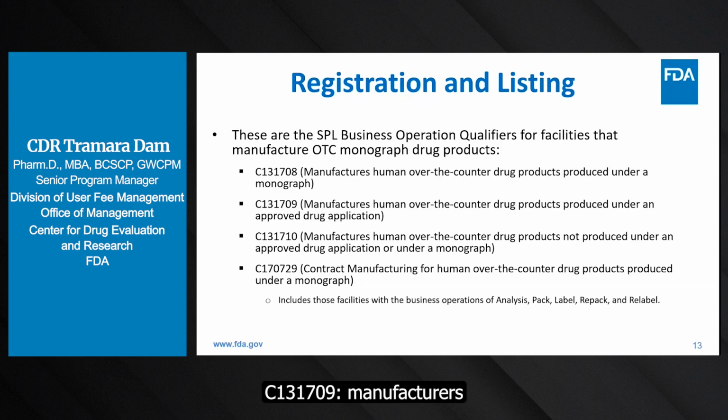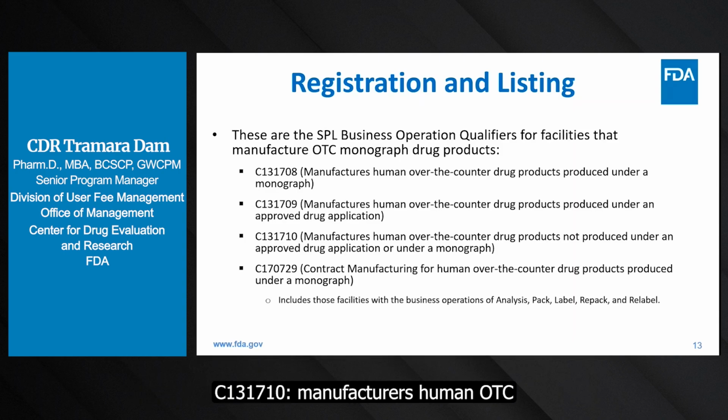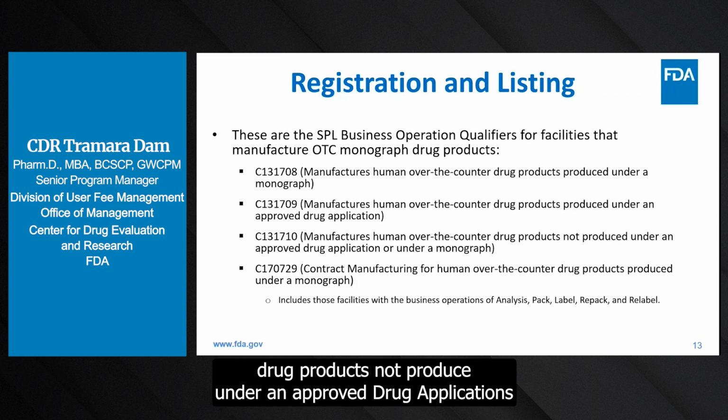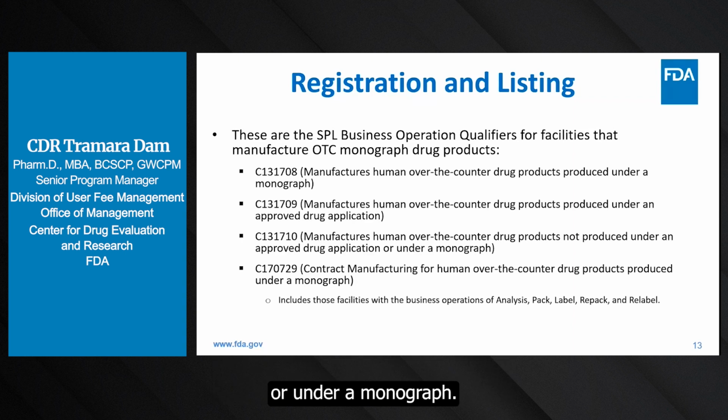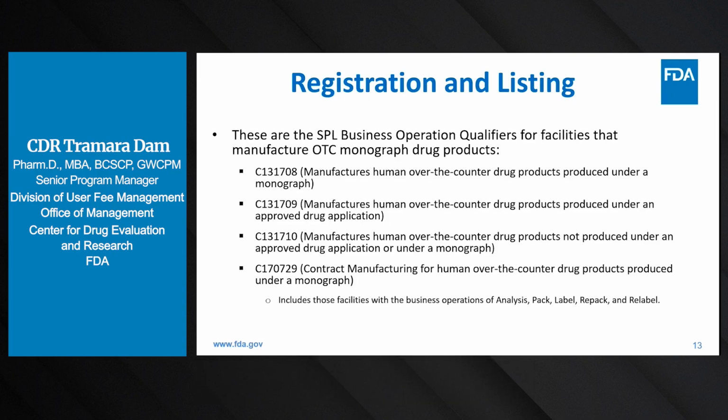C131709 manufactures human OTC drug products produced under an approved drug application. C131710 manufactures human OTC drug products not produced under an approved drug application or under a monograph. An example of this is a company that manufactures homeopathic products.